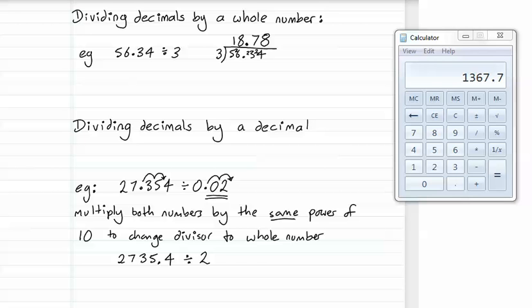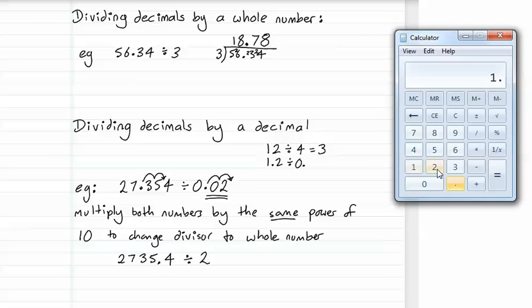Let's just wander over here where there's some spare space. If I did 12 divided by 4, I'd get 3. If I did 1.2 divided by 0.4, I've divided them both by 10. Let's just check. 1.2 divided by 0.4, I still get 3.